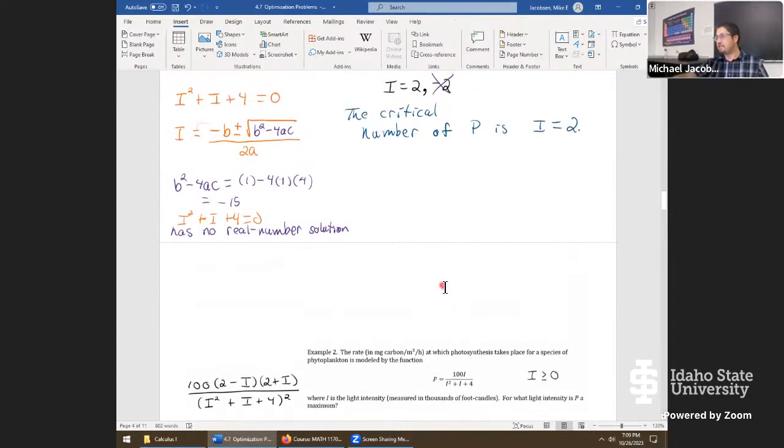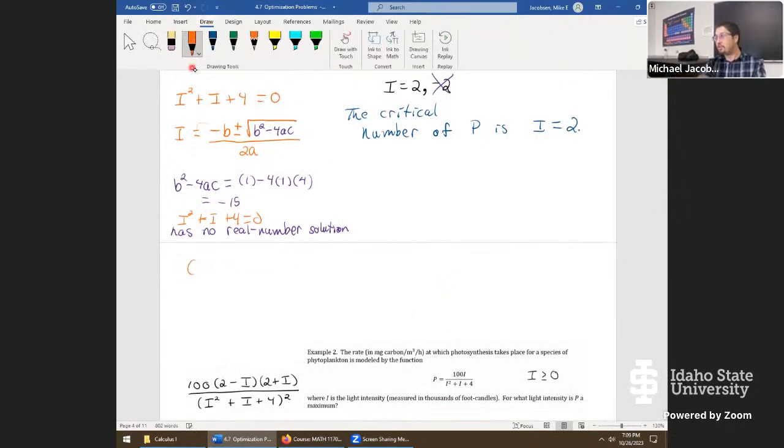Okay, so there's our step. Now here's our next step. We made it to step 2 in our organization. First step was just to get a critical number. Now, because we're using the first derivative test, we'll draw a number line. You need to be careful even on this number line. The domain condition is that I is bigger than or equal to 0.